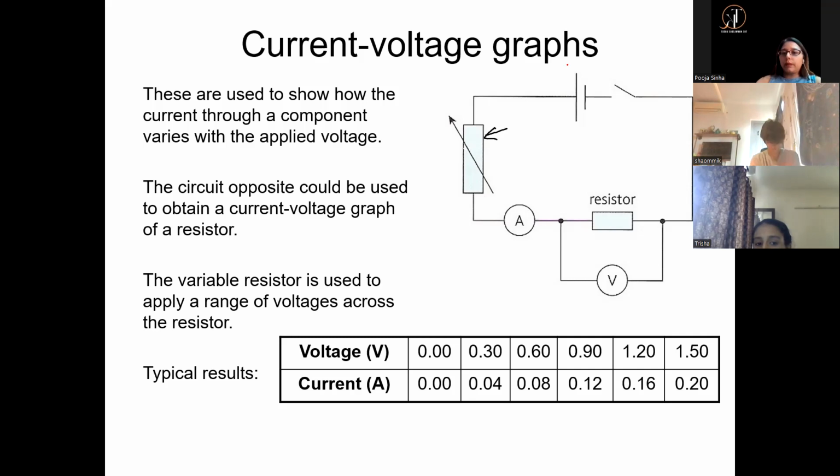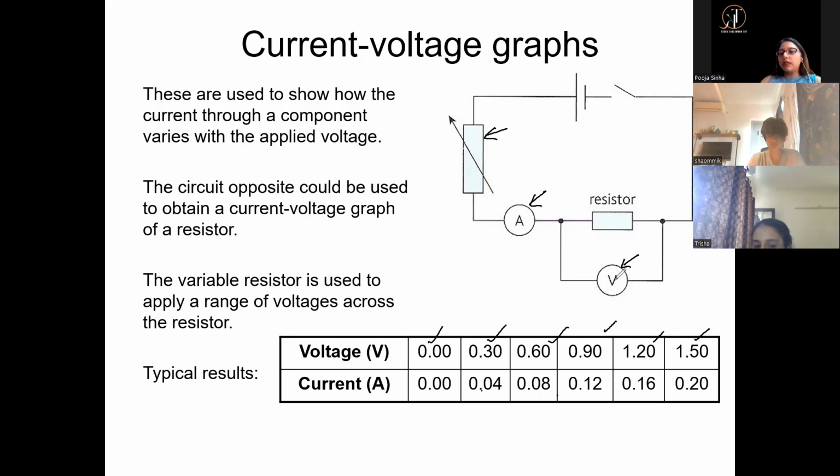So now what will happen? You make this whole table, voltage 0, 0.3, 0.69, 1.2 and 1.5. And the current across will be measured in A, voltage is being measured in B, correct?